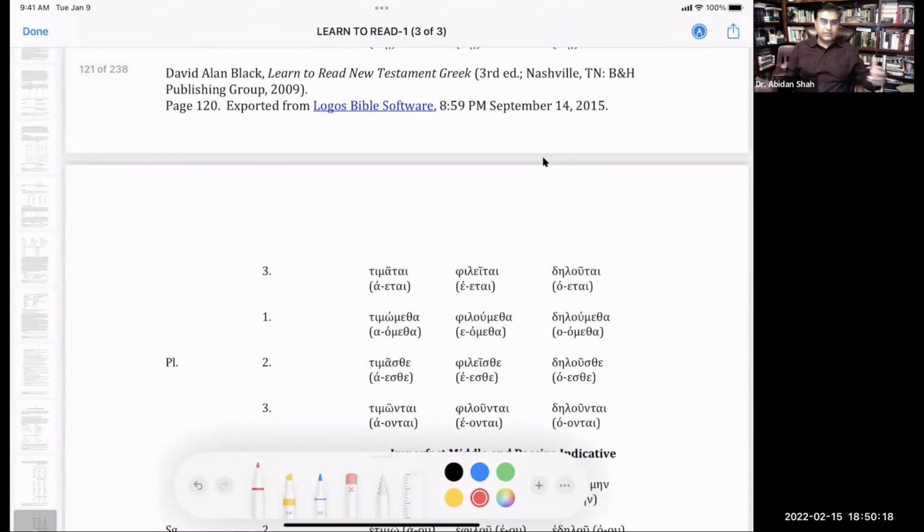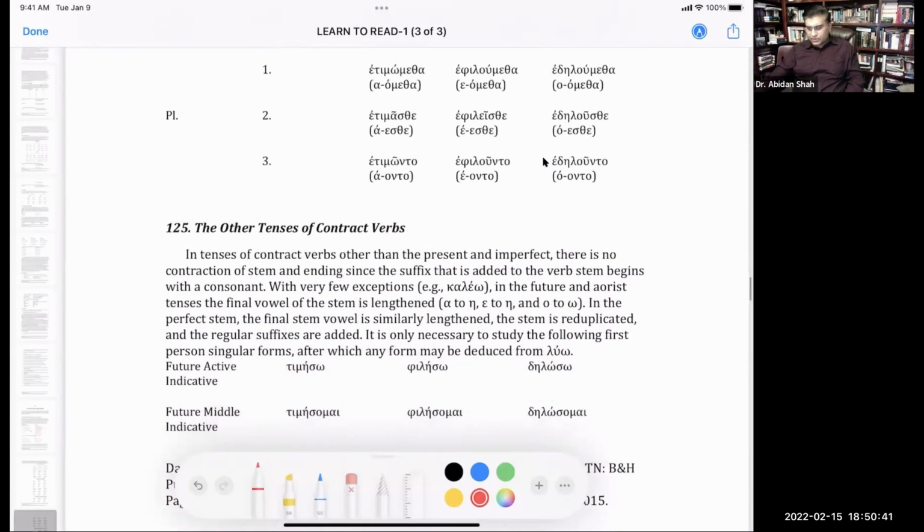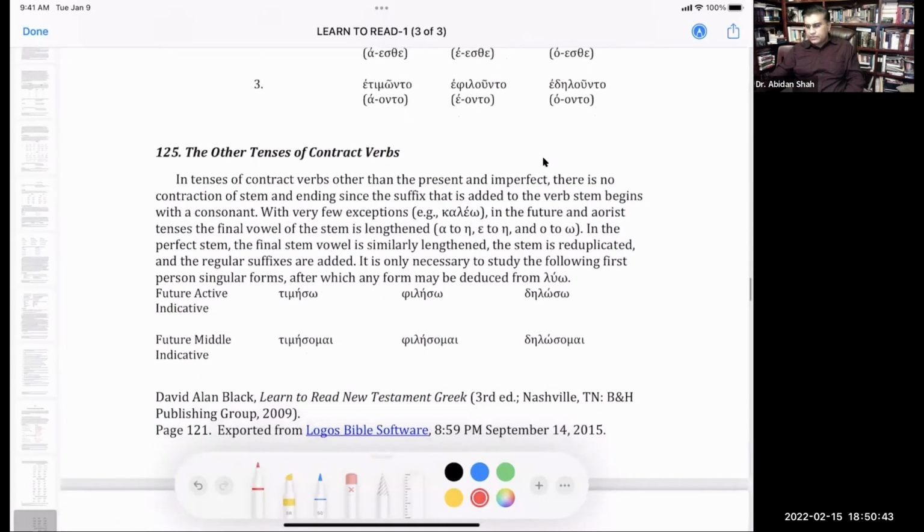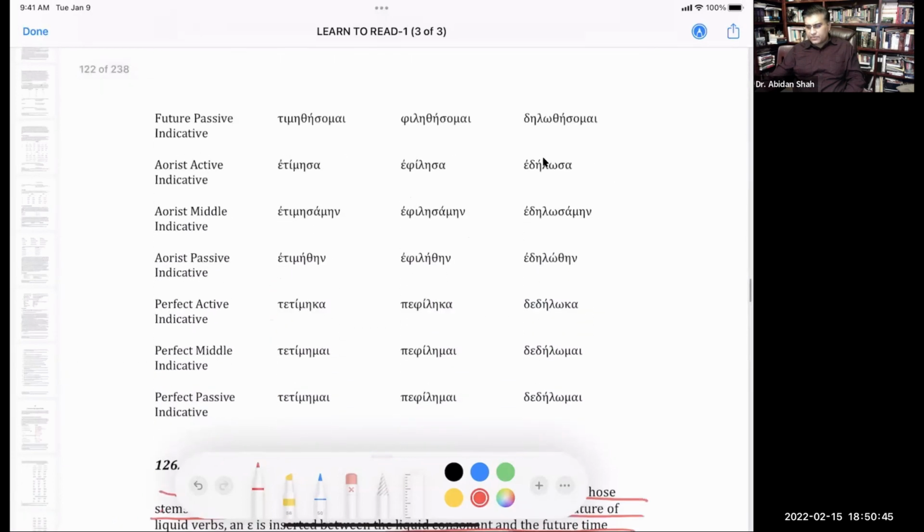I don't want to read these paradigms because they will make no sense unless you're sitting down and working with them. They'll just be words. The pronunciation sometimes can be so much the same, but the actual letters and how they're contracting, that's where the difference is. So I'm not going to read all these paradigms. Please read them on your time. Same thing here, the tenses of contract verbs.